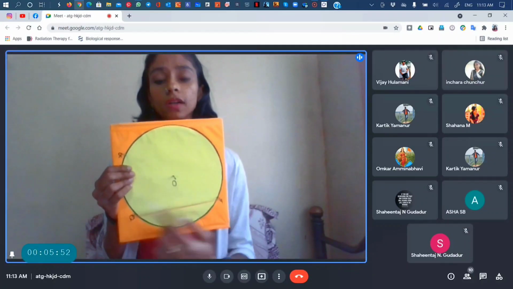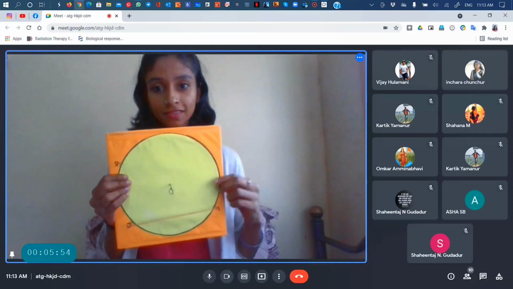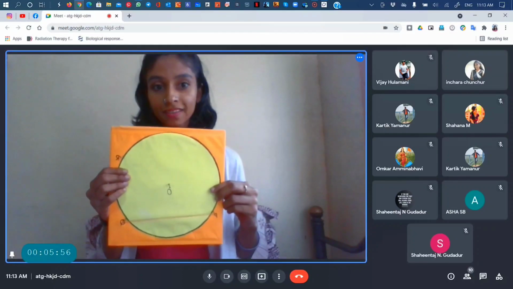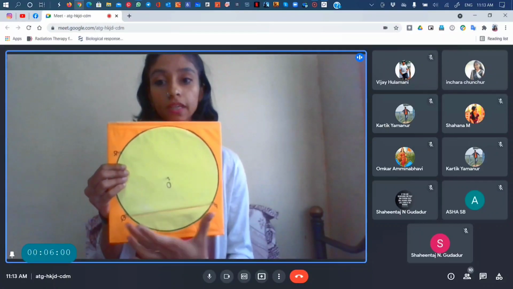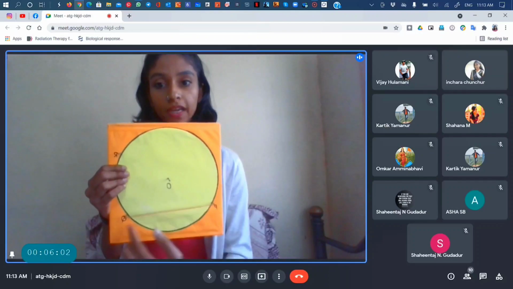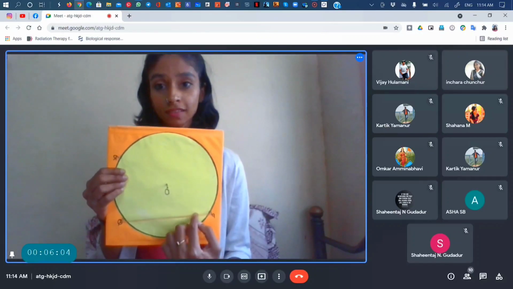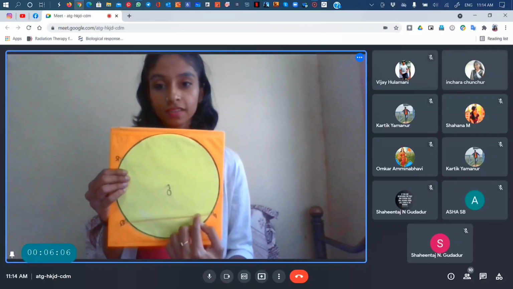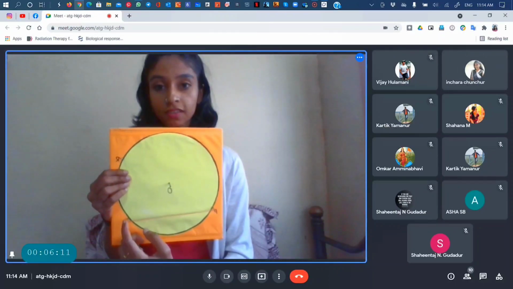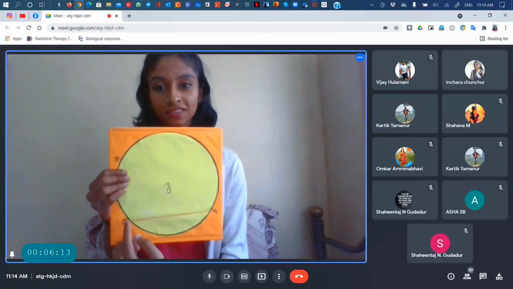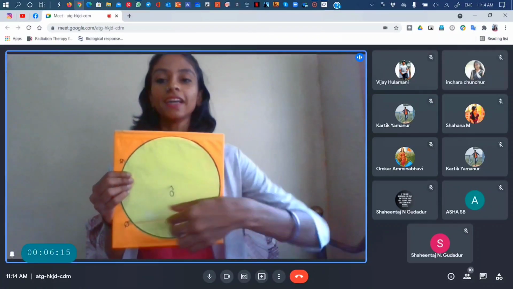What is this line called? When you connect the two dots P and Q on the circle, what is this line called? This is called the chord. C-H-O-R-D, chord.